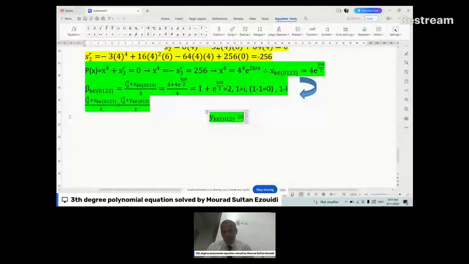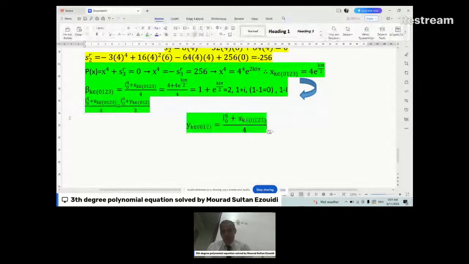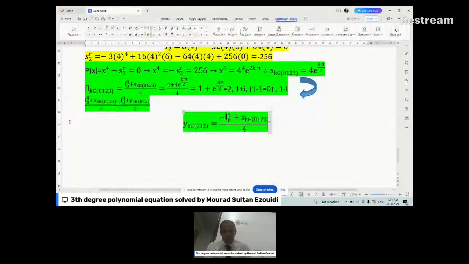I will do cross multiplying: equal to minus L0 for the cube plus 3. You should multiply all of this by 3 and this by 4. Transfer 4 L0 of order cube to the left hand side. It will be negative 4 plus 3 times L0, that's why it's written here minus, plus 3, divided by 4.